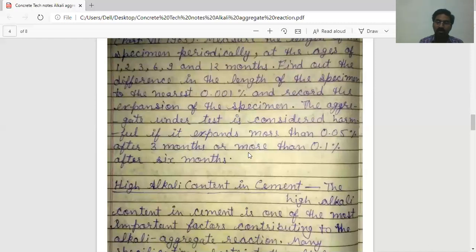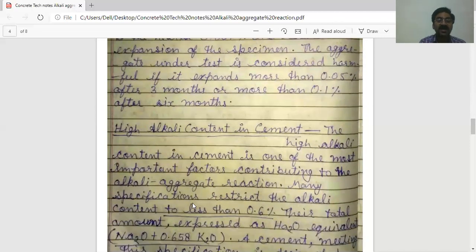Second factor is high alkali content in cement. The high alkali content in cement is one of the most important factors contributing to the alkali aggregate reaction.